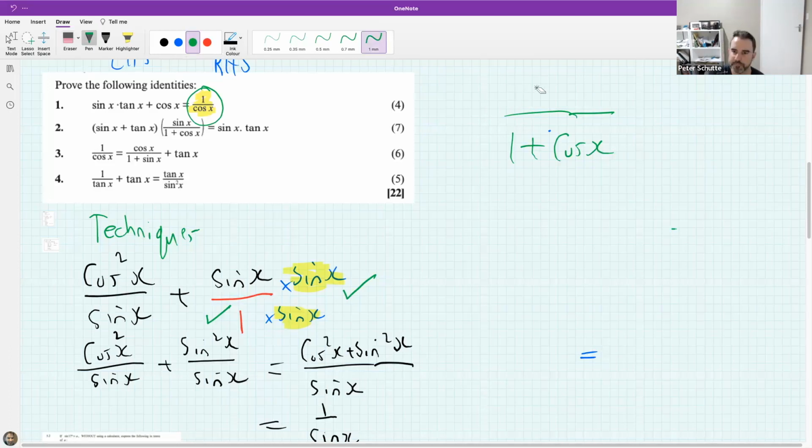Okay, let's say I have this. It looks like a bit of a mouthful.